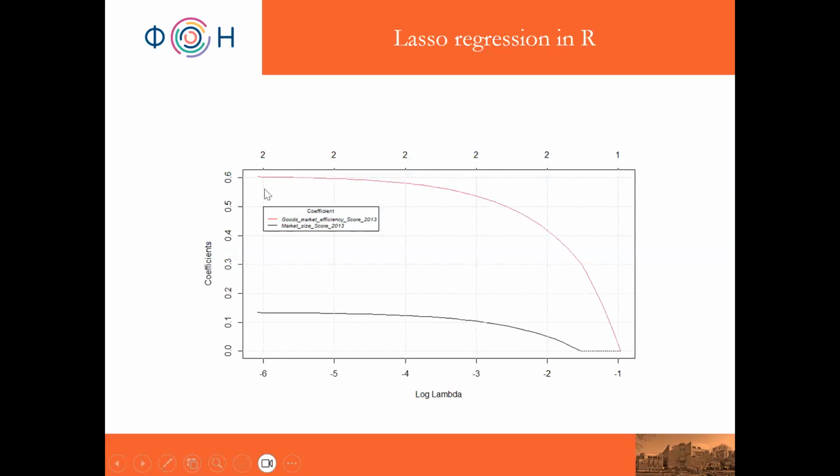We can see that the good market efficiency score, for example, took quite some time before it started to sharply decrease. That could be one, let's say, small interpretation. But as I said, these graphs are a nice addition to your analysis.